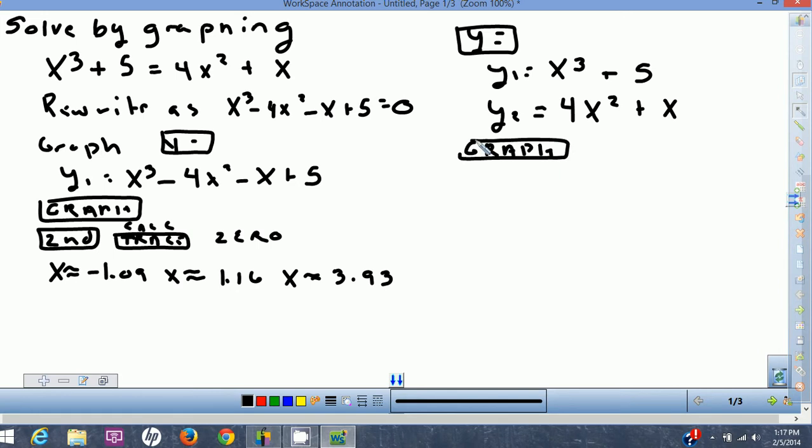We get a function that has a quadratic and a cube. So I get something that looks like this, and then I get something that looks like this. Real simple sketch here, but you should be able to find that on your calculator.